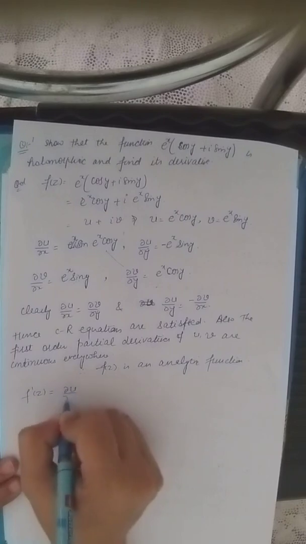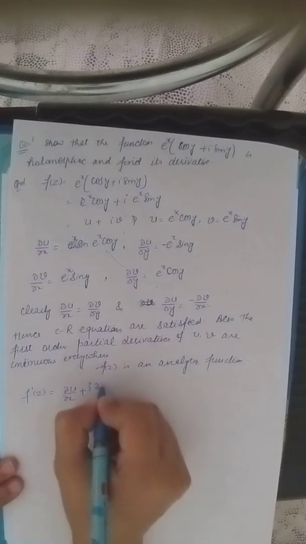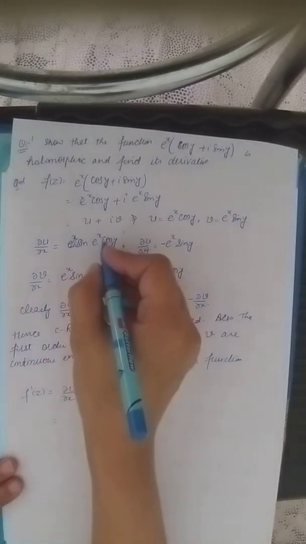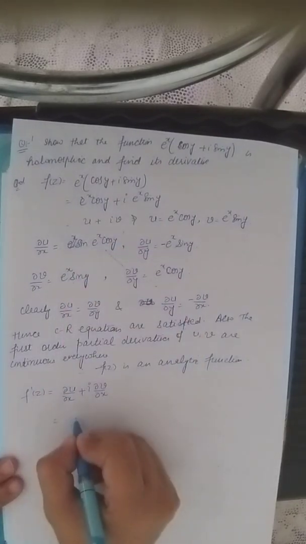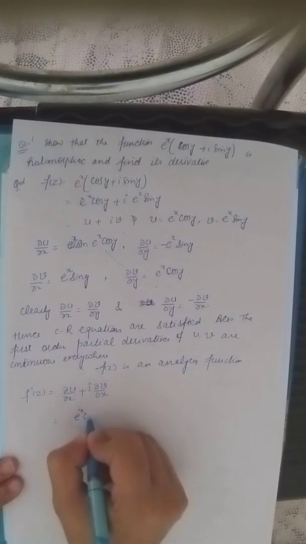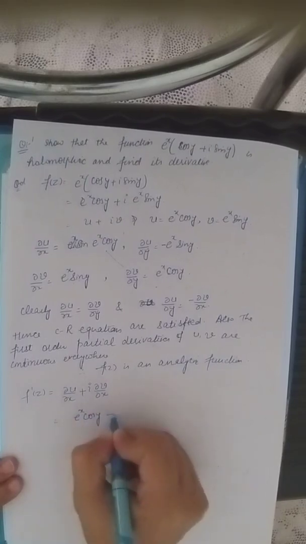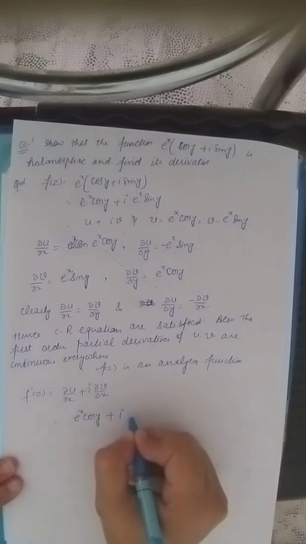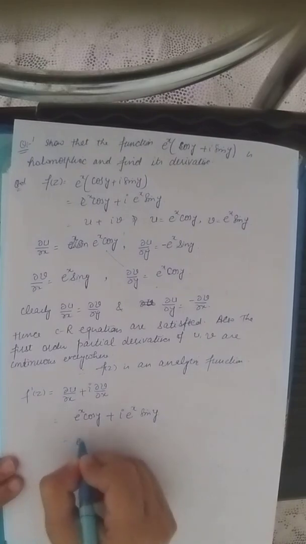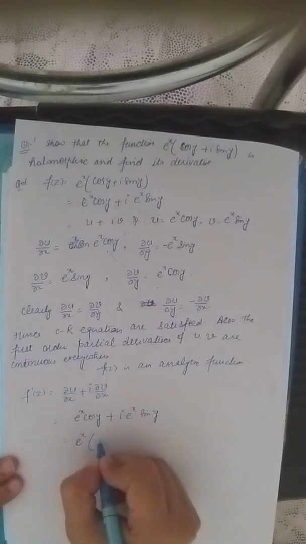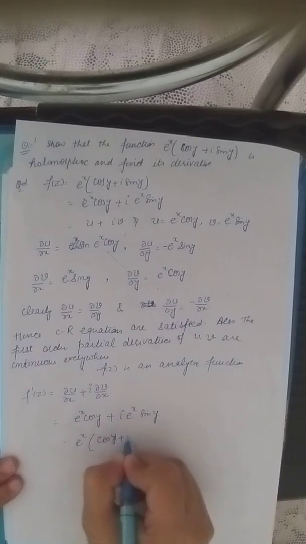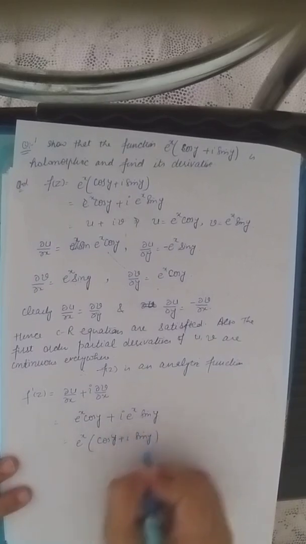Now I will find the value of the derivative f'(z). Its formula is ∂u/∂x + i ∂v/∂x. Now ∂u/∂x is e^x cos y plus i ∂v/∂x, which is e^x sin y. That is, the result is e^x (cos y + i sin y).